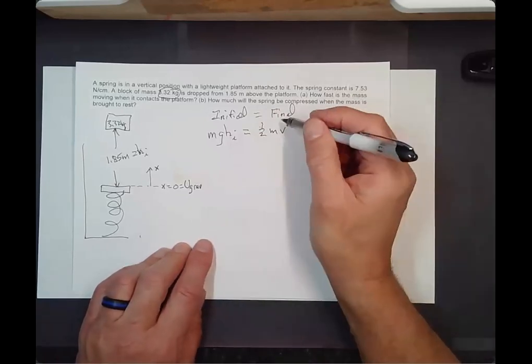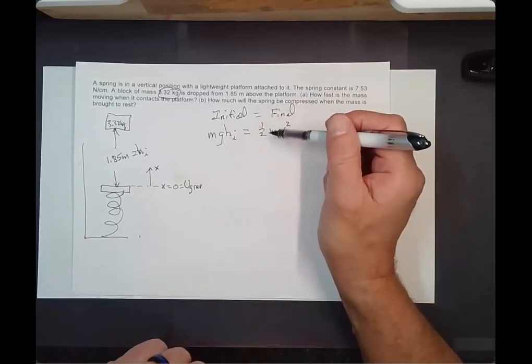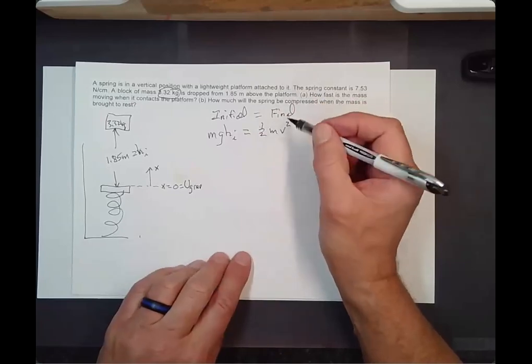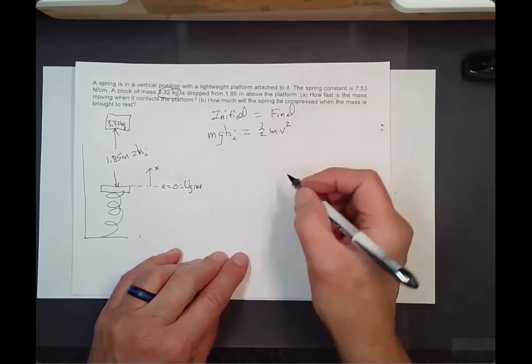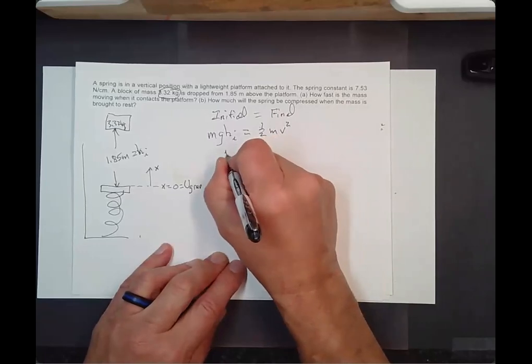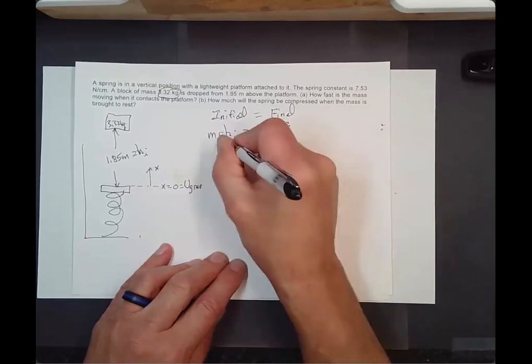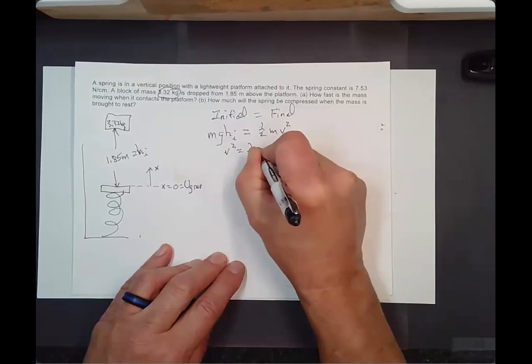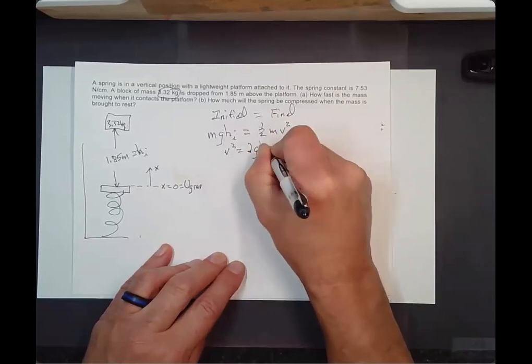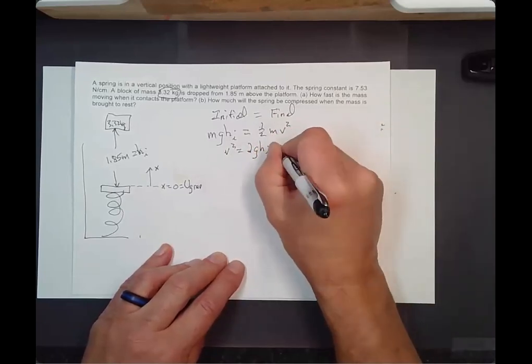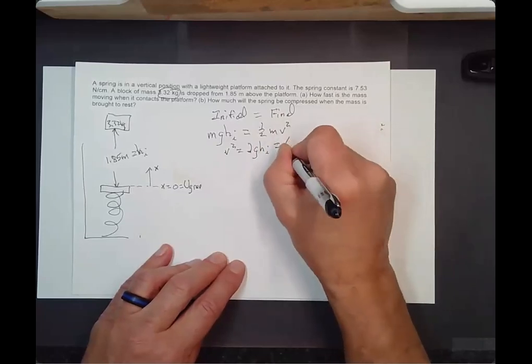It turns out it doesn't matter what the mass of the block is for this part, so we can cross those out, and we get that v squared is going to equal 2g h sub i.